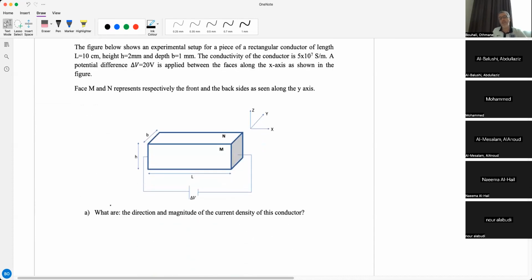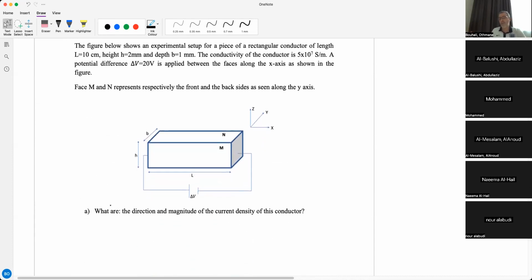The first problem is, obviously, as you can easily figure out, about the Hall effect. I really need you to read the problem very carefully. The figure below shows an experimental setup for a piece of a rectangular conductor. Now, it is rectangular; I might give you a circular one, but it's rectangular now.